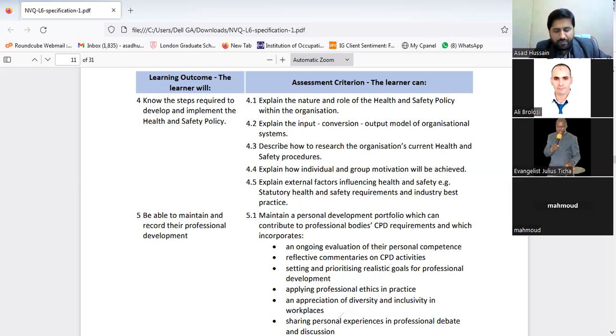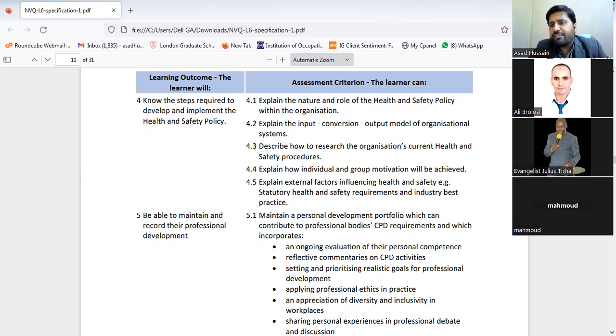Now we have 4.5, the last one: explain external factors influencing health and safety, examples being statutory health and safety requirements and industry best practice. So just listen, gentlemen, to what you have to explain.